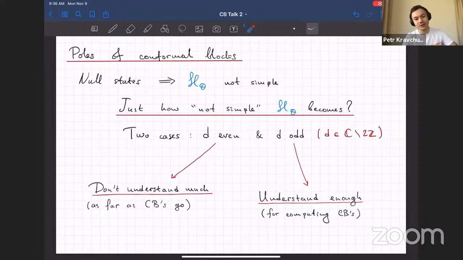That's just not understood. I'm not saying that it's necessarily hard to understand, it's just that it's not in the literature, and I think it's an interesting problem to understand.